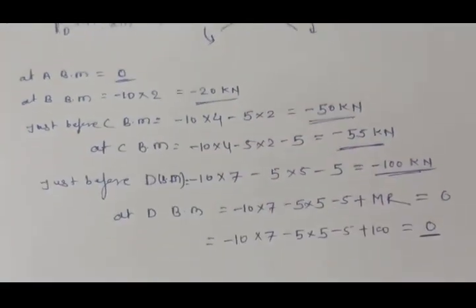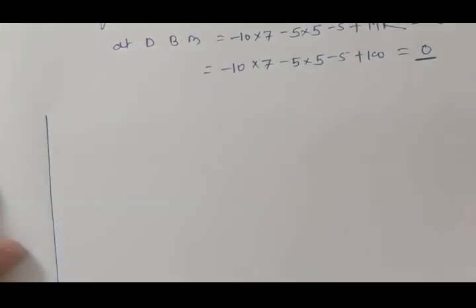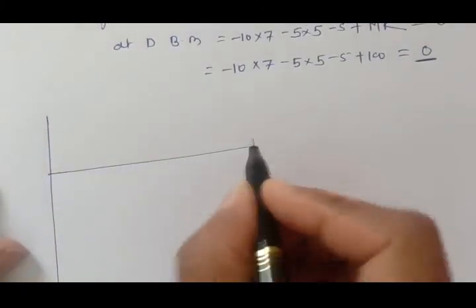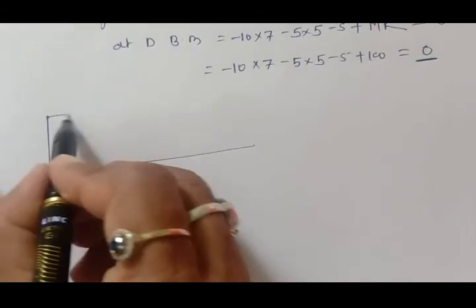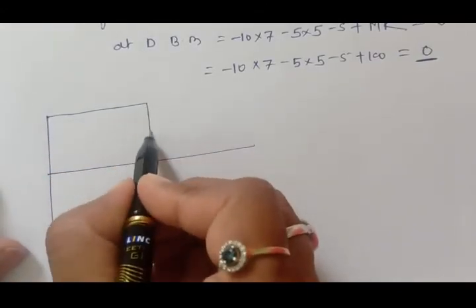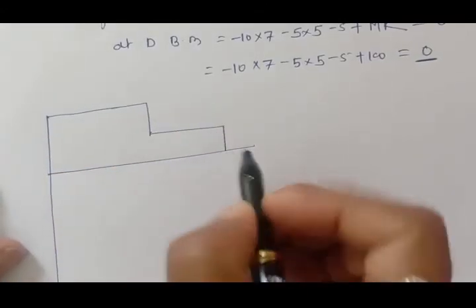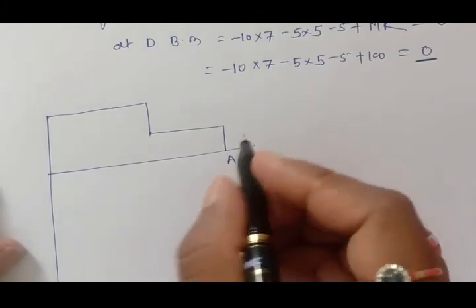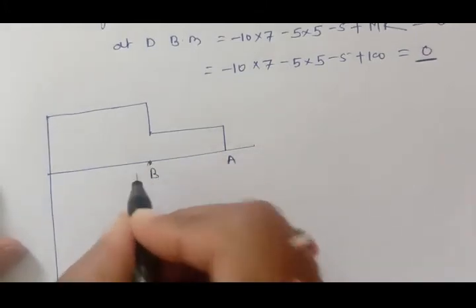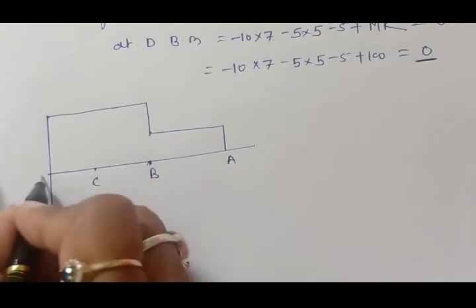Based on that we can draw this bending moment diagram. Before that, I draw the shear force diagram, which we have already discussed. This is point A, this is point B, this is point C, this is point D.